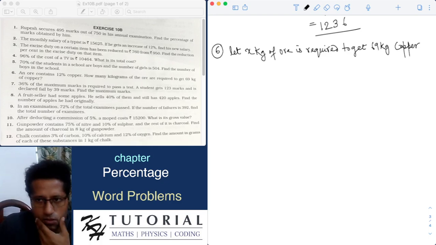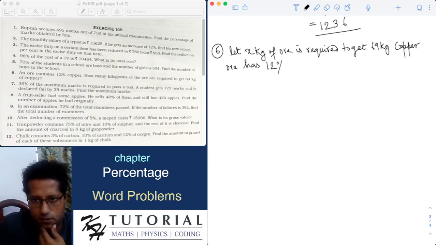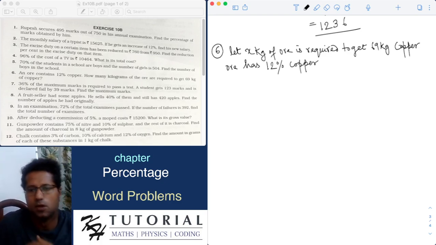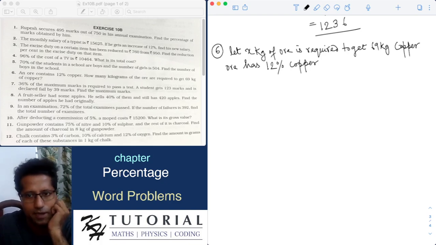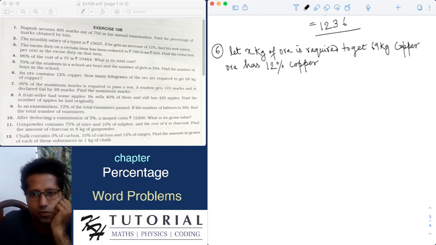X kg of ore is required to get 69 kg of copper. Now it is said that the ore has 12% copper. In that ore, the percentage of copper is 12%. So how much copper will be in x kg of ore?